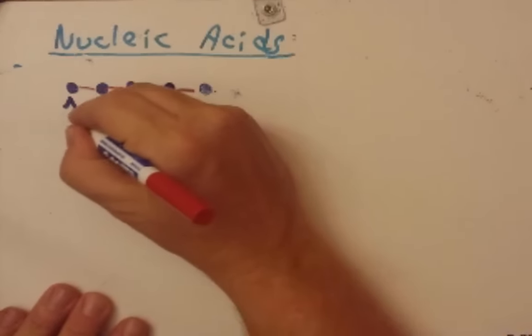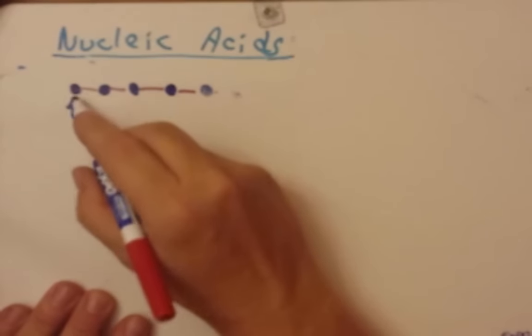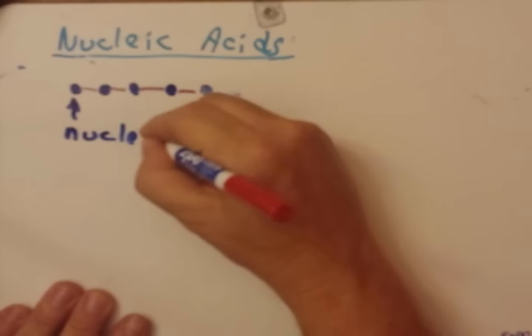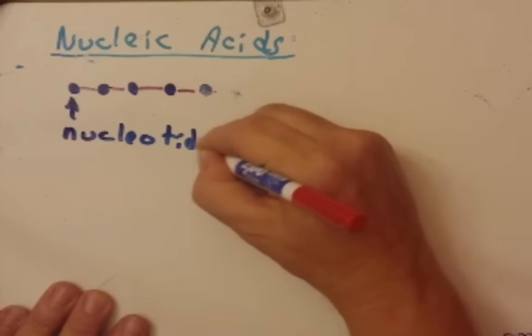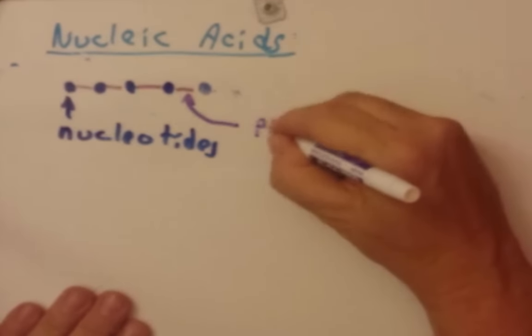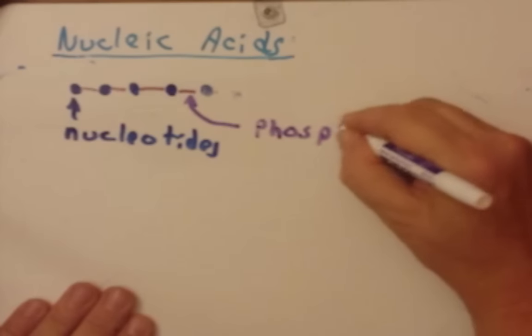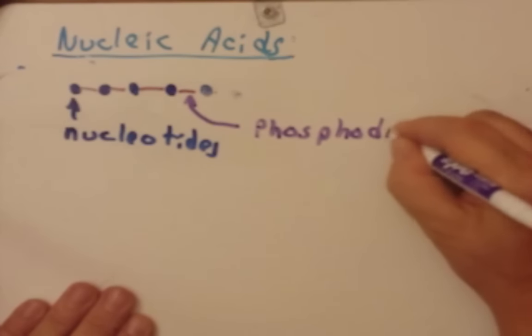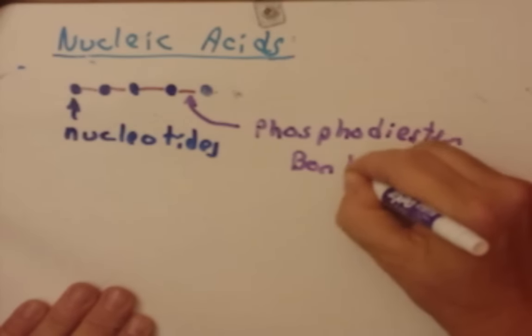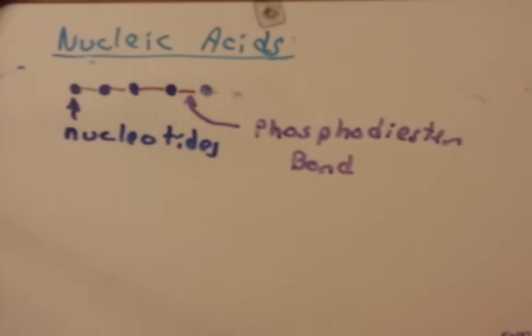The monomers are nucleotides, and the bond that holds them together is called a phosphodiester bond. You should know those two things.